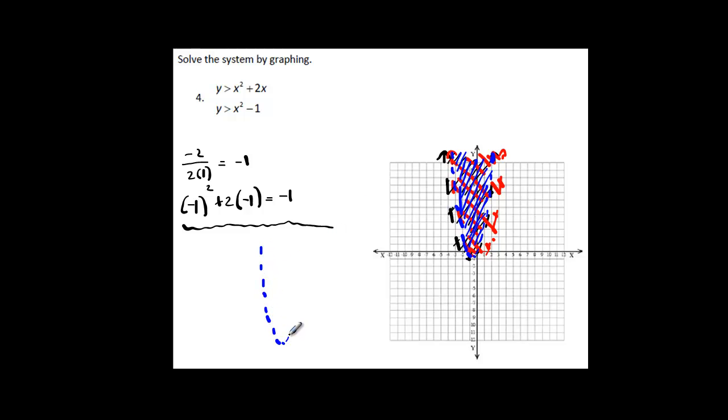It hits here and then it goes up, and then everything in between those. That's what the solution set should be, solution area. Remember, it's dotted if it's not less than or equal to. If there's no equal to sign here, then it's not a bold line, it's dotted.